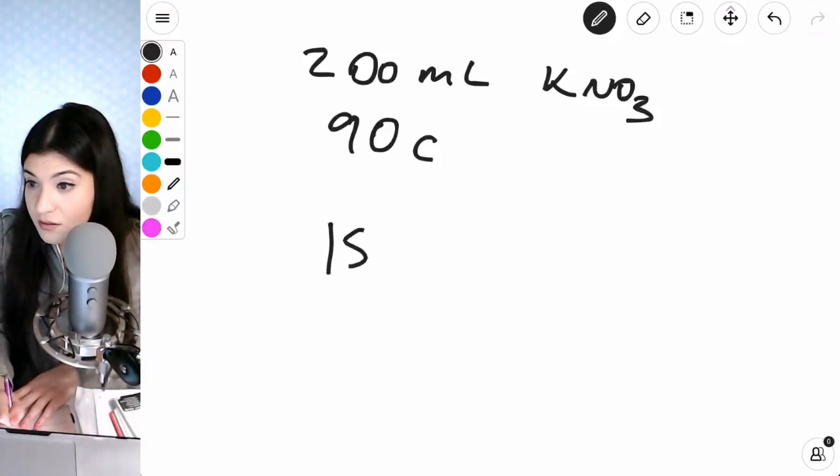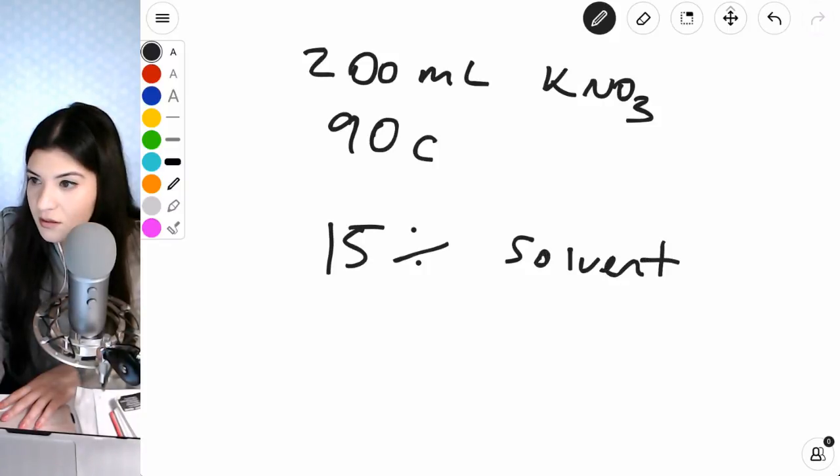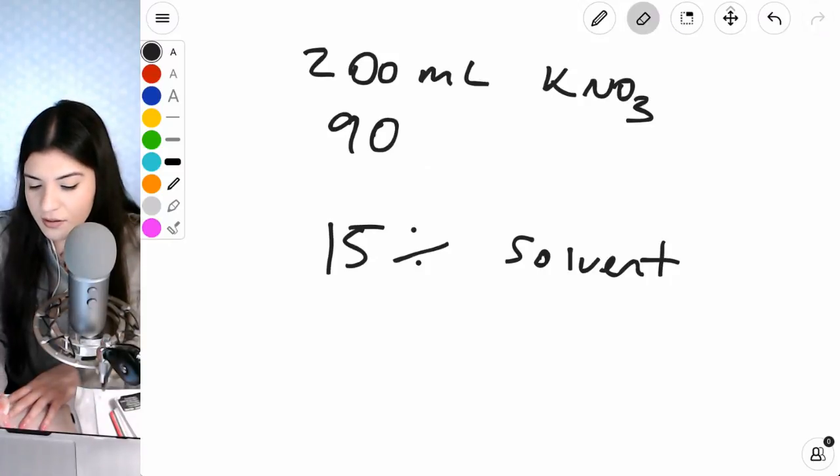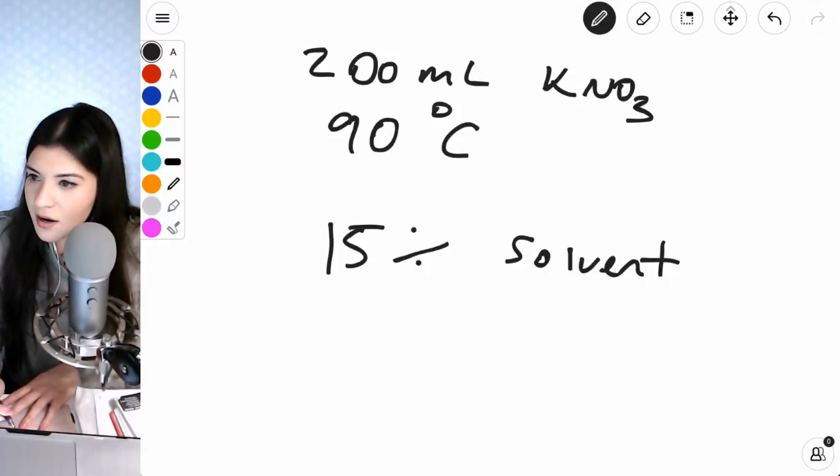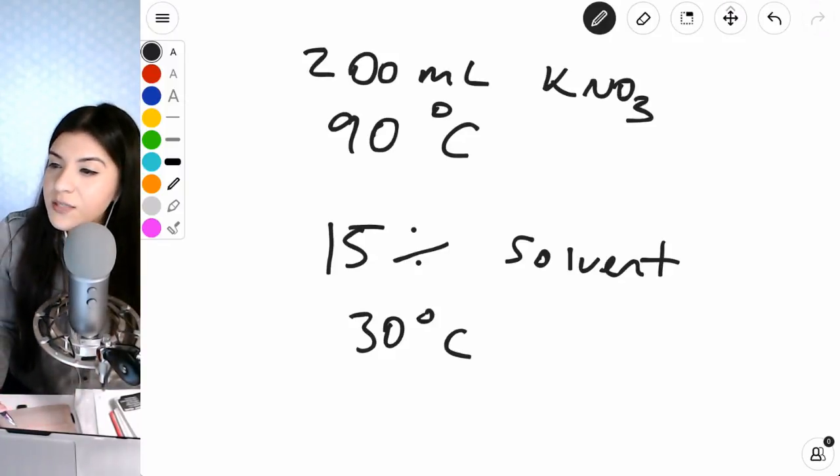If 15% of our solvent evaporates as the solution is slowly cooled. Oh, I see, Celsius. 90 degrees. And then is slowly cooled to 30 degrees Celsius. What mass of precipitate is produced?